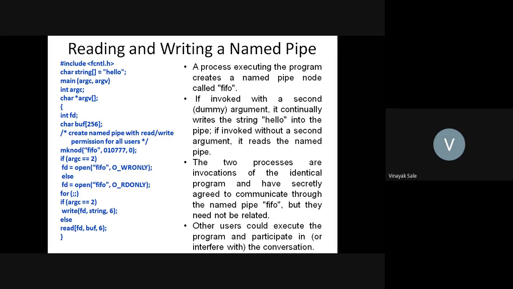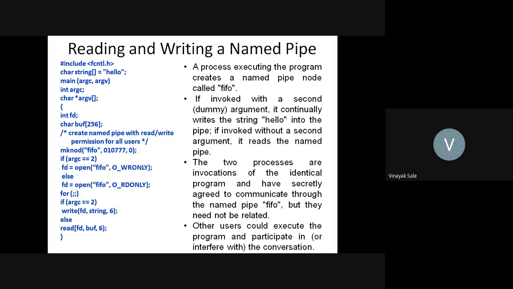Then a file descriptor and a character buffer with size 256, that is, create a named pipe with read or write permission for all users. Then make a node in first in first out manner.